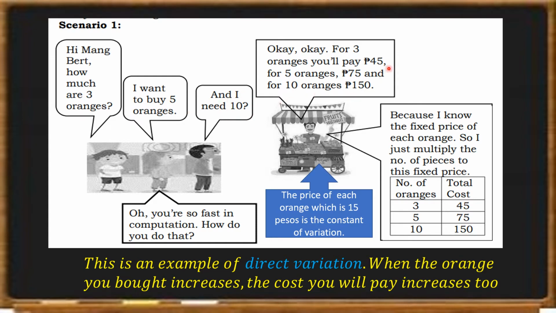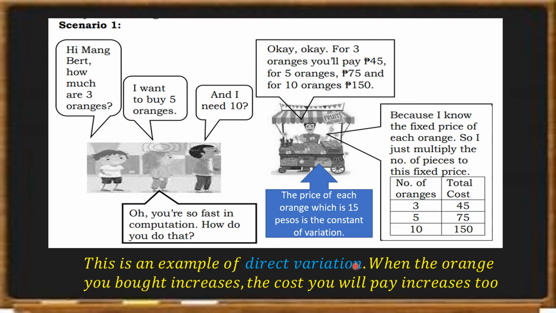So how much will they pay? What they pay also increases: for 3 oranges, 45; for 5 oranges, 75; for 10 oranges, 150. So if the oranges you buy increases, the cost you will pay increases too. They are both increasing. That's why it is called direct variation.